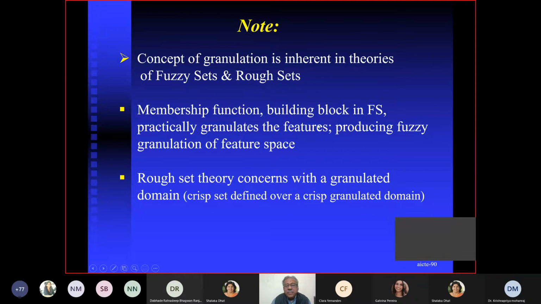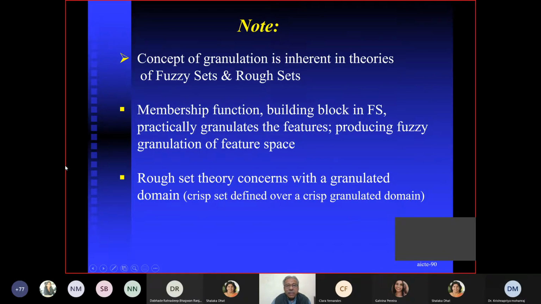Practically, it granulates the features. That is, on the feature axes F1, F2, F3, it produces this kind of function. So it produces fuzzy granulation of features. Similarly, rough set theory concerns a granulated domain. That means a crisp set defined over a granulated domain. I will explain the theory again.